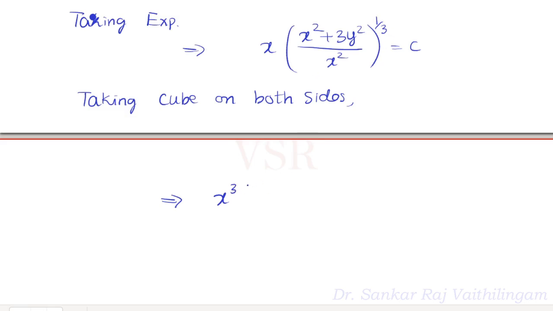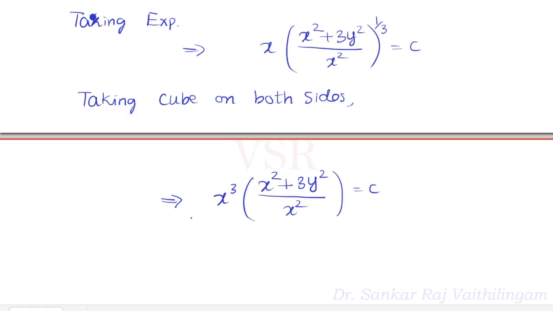So we'll have this is (x square plus 3 times y square) divided by x square which is equal to c cube. c cube னு போட்டாலும் ஒண்ணுதான், c னு போட்டாலும் ஒண்ணுதான். Okay, because this is a constant. எல்லாமே constant தான். அதனால எனக்கு அது பிரச்சனை இல்லை.